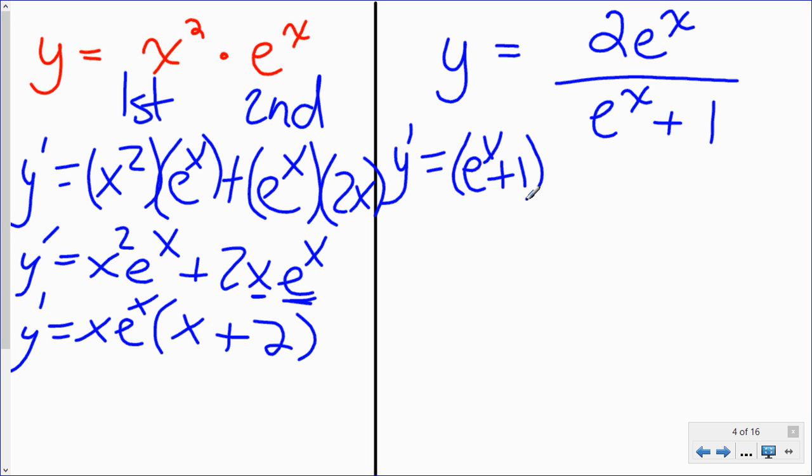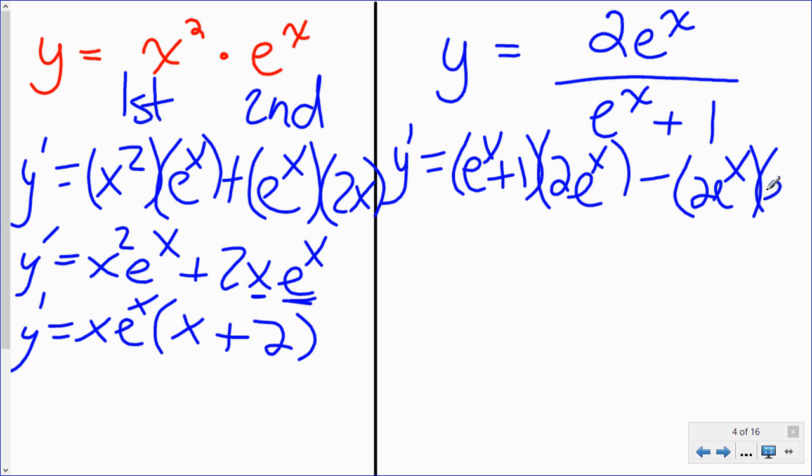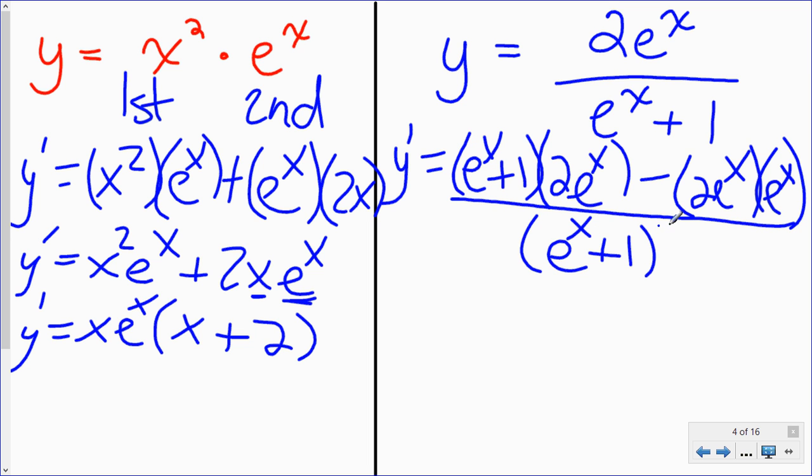Now the derivative of 2 times e to the x, because remember 2 is just a constant multiple, is still 2 times e to the x. Minus, so we have low d high minus high d low. Now derivative of e to the x, remember, is e to the x plus, and then the derivative of 1 is 0. All over low squared.